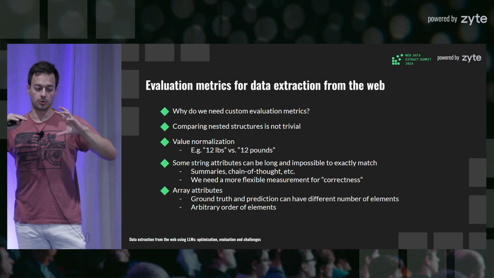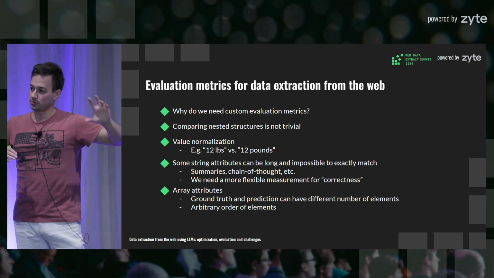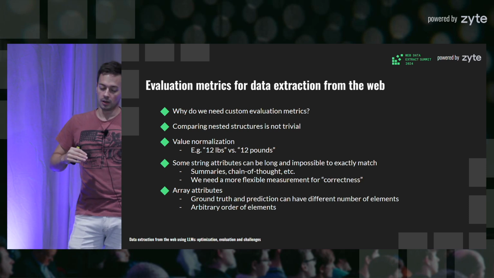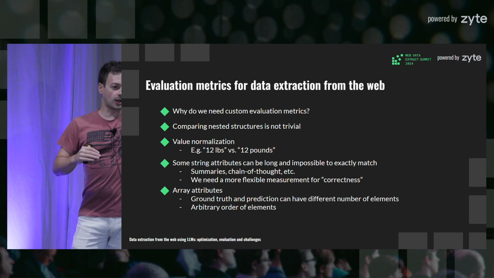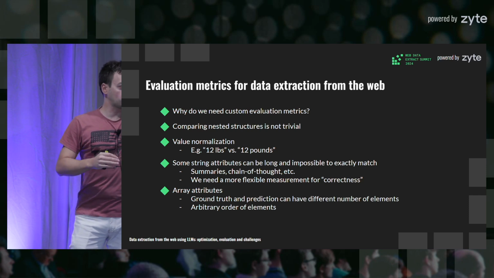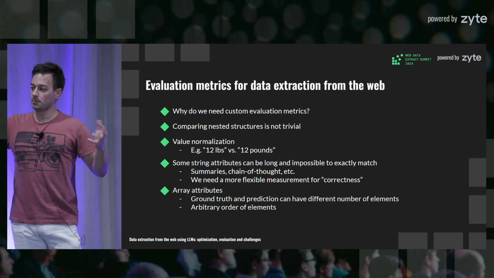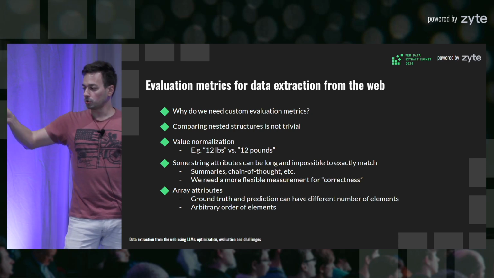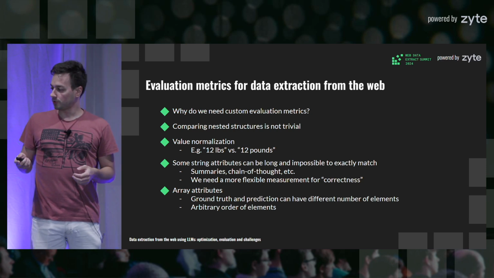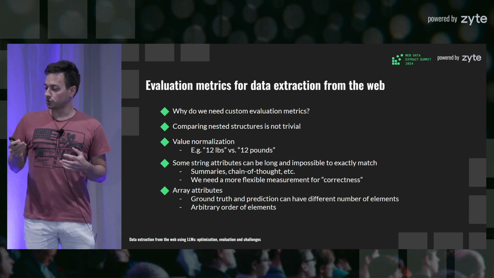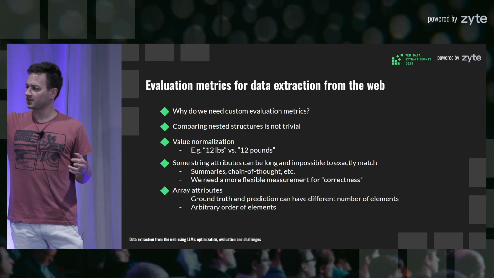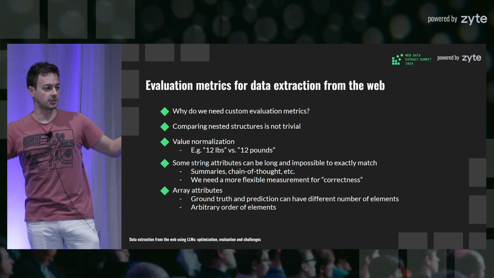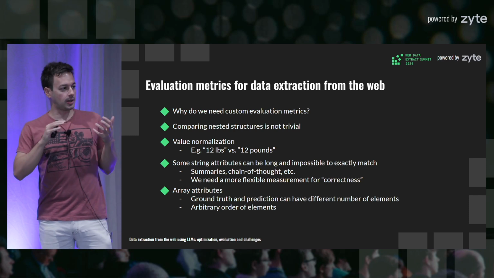And this task is actually kind of hard, because for arrays, you can have that your ground truth, when I say ground truth here, I'm referring to the one annotated by a human, has 5 elements, while the prediction has 3. So you need some matching there, because also the order can be arbitrary. I will show you an example of what I'm referring to here, but also you can have some extracted attributes, or more like generated attributes, that are very hard to match. They will never match.